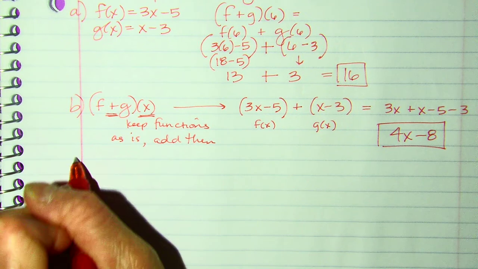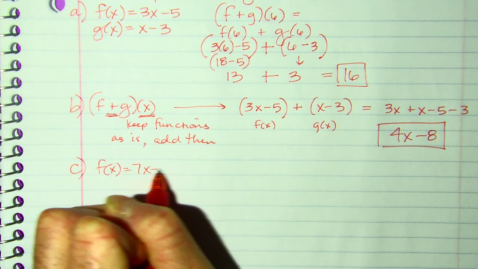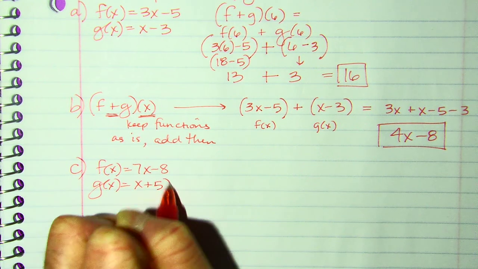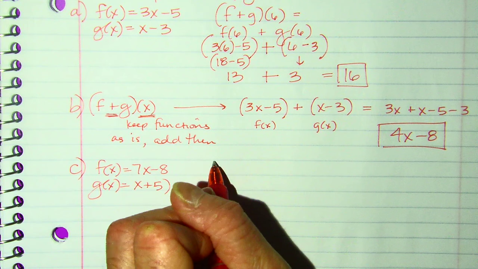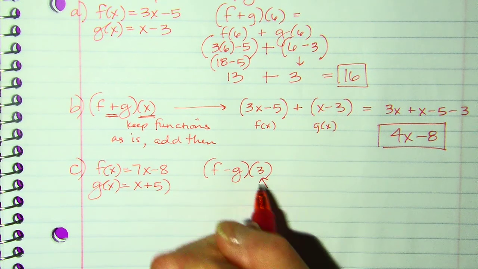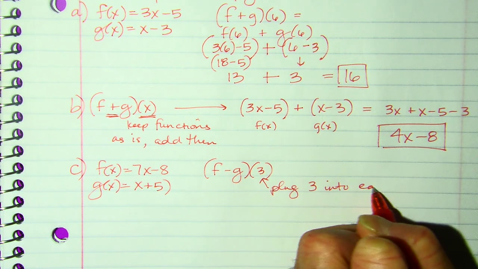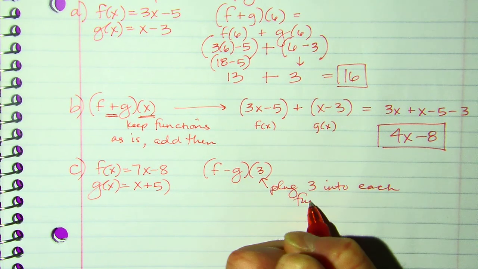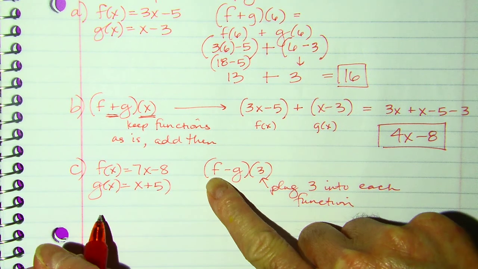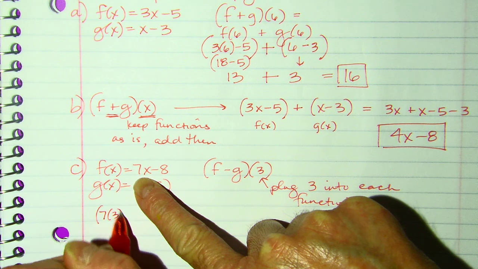Part C, they've given us two new functions, f of x equals 7x minus 8, and g of x equals x plus 5. And they asked us to find what is f minus g at 3. Okay, so we're going to plug 3 into each function. And remember, order matters. So I'm going to do the function of f first, so 7 times 3 minus 8.